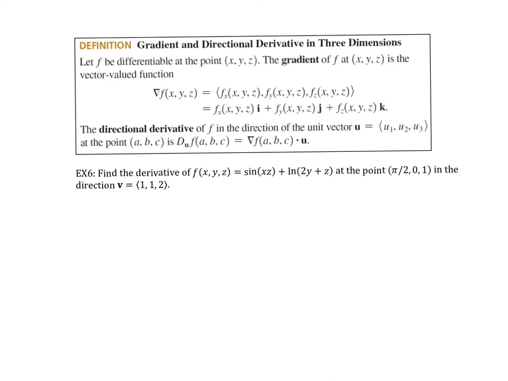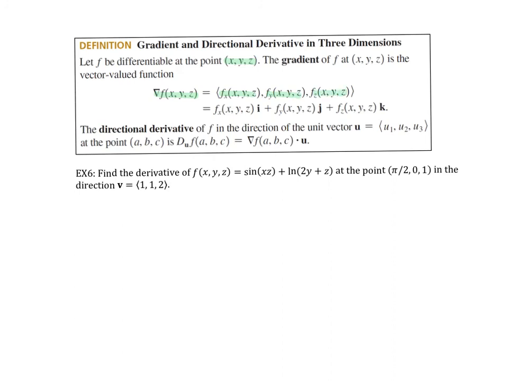The last concept that we're going to talk about in this section is computing directional derivatives for higher order functions. Imagine if we had some function of 3 variables, x, y, z. Then the gradient vector is simply the partial with respect to x, y, and z.